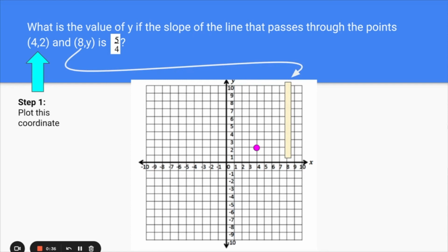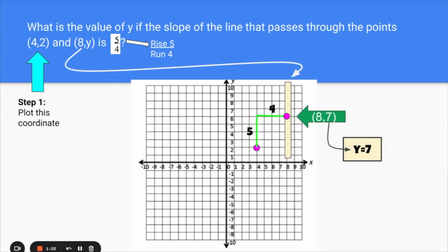So that means I'm focusing on this vertical line on 8. And my slope is 5/4, which means I'm going to rise 5 and run 4. So starting at my given coordinate, I'm going to go up 5 and over 4, and that puts me at (8, 7), which is right where I need to be for the given coordinate. Therefore, my answer is y equals 7.